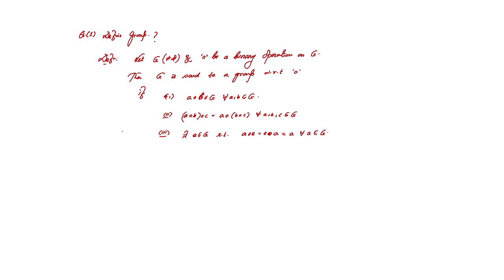And another property is related to the existence of inverse. That means for all a belongs to G, there exists an element b belongs to G such that a ∘ b equals b ∘ a equals the identity element, and this is called the existence of inverse. Then we say G is a group under the binary operation ∘. If I give you one example, here the example is Z with respect to addition.